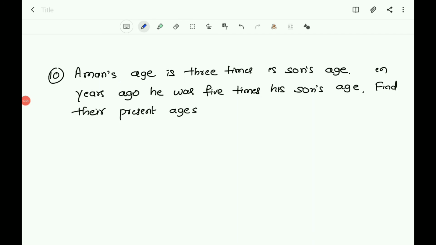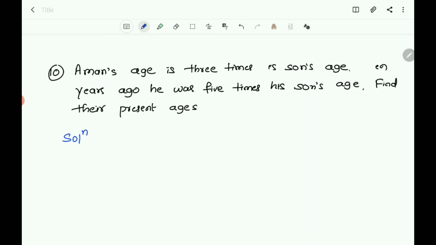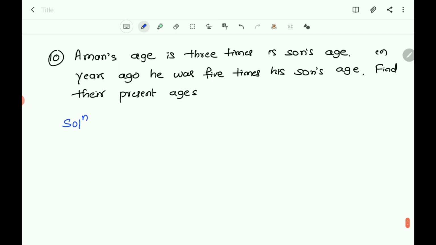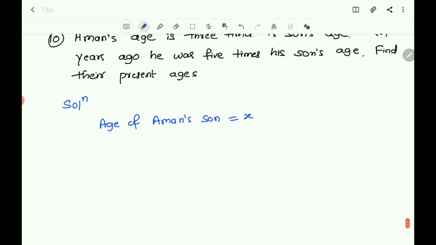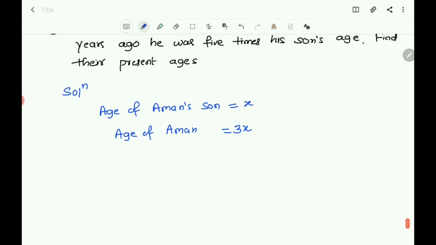So first let us write Aman's son's present age, or age of Aman's son, is equal to x here, and then the age of Aman becomes 3 times the age of his son, so it becomes 3x.